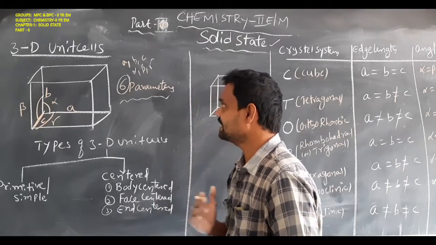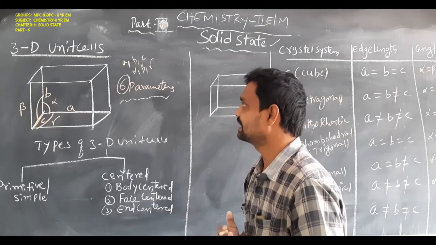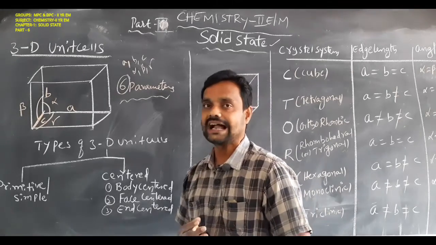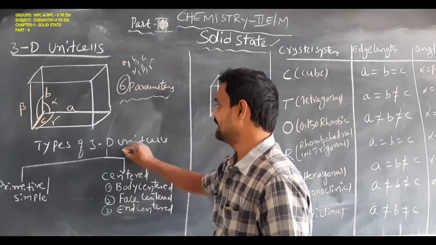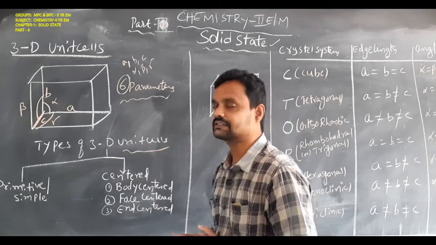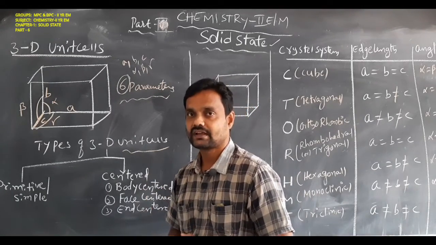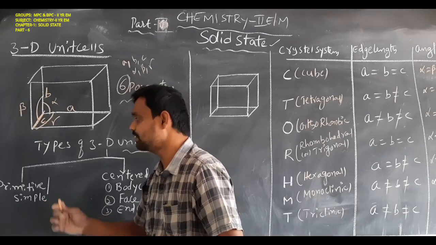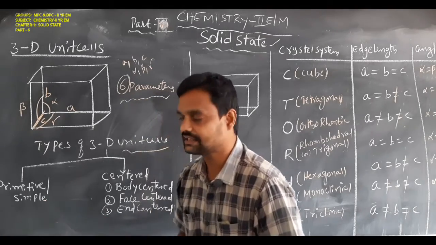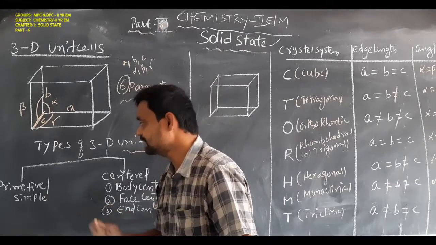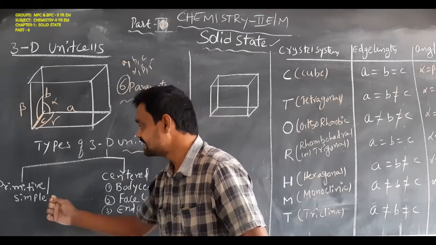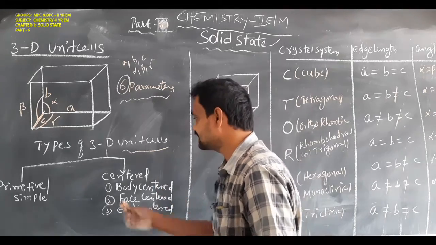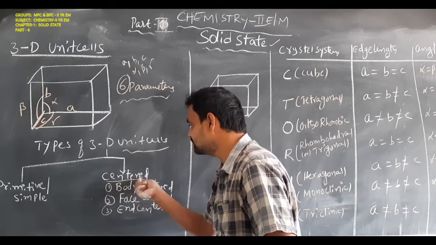Broadly, for our understanding purpose, three dimensional unit cells can be classified into two types. What is that, students? One is the primitive or simple unit cell. The second category is the centered unit cell.